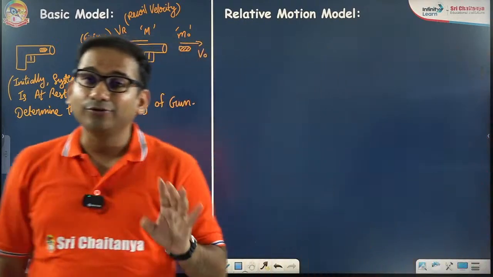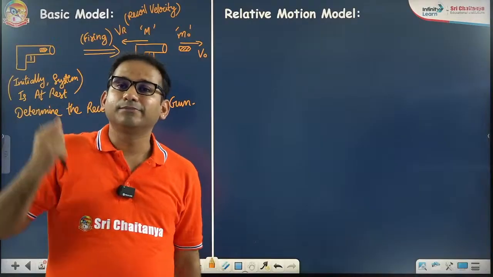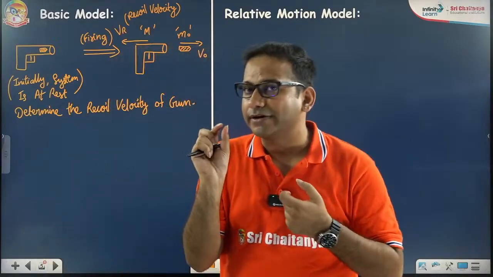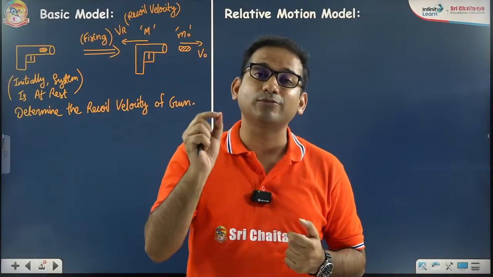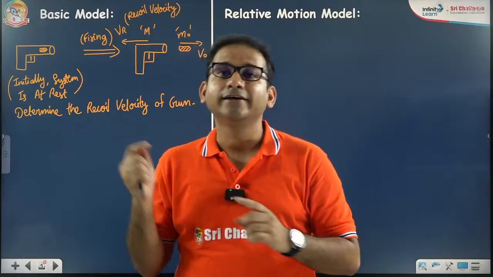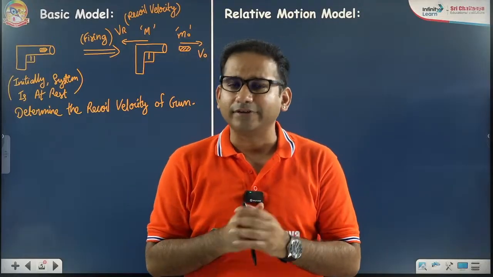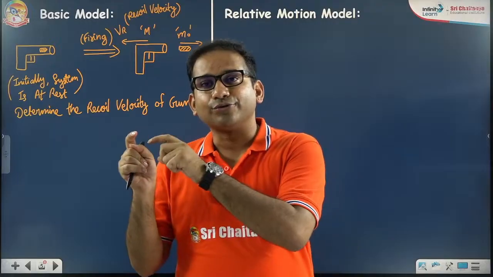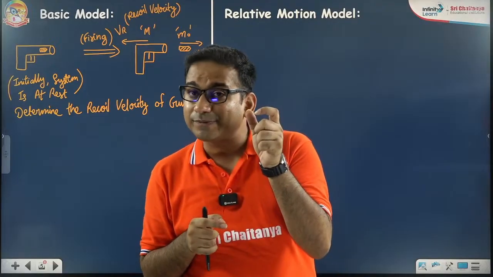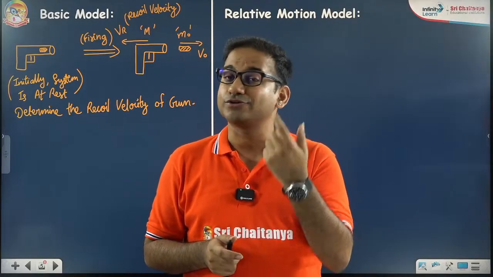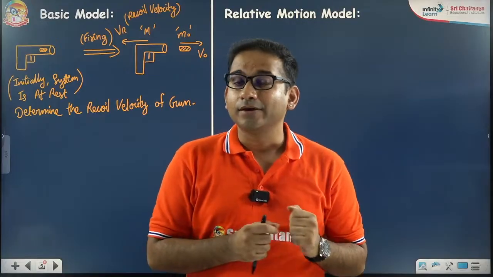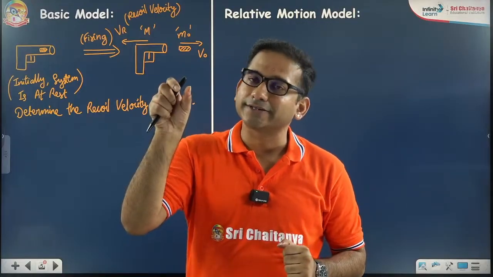Why? When you fire the bullet, there is a small hammer. I hope everyone knows that there is a very small hammer inside the gun that hits the bullet. All right, a very strong spring action there. When it hits the bullet, the bullet experiences an external force. The bullet's momentum is changing because it was initially at rest and now it is moving.